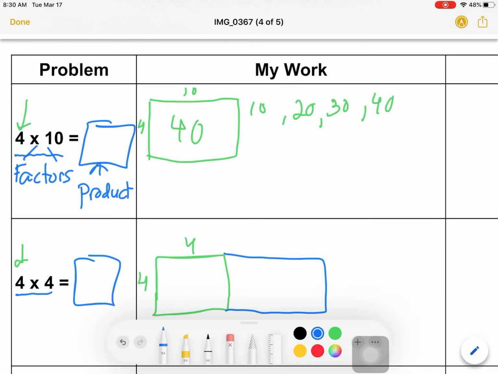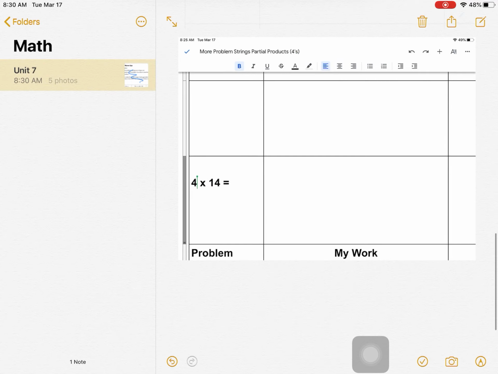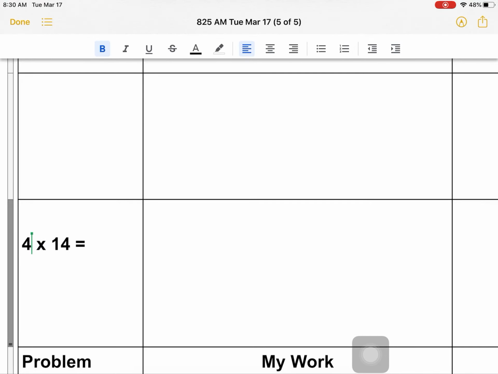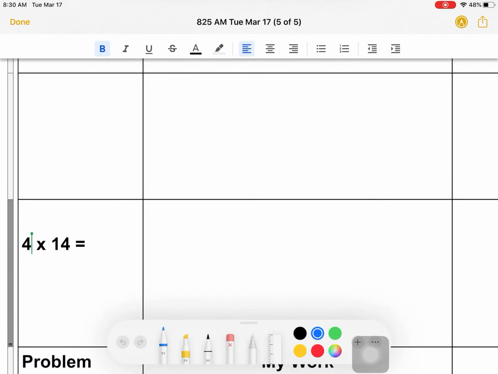Let me show you what I mean. So my next problem is a 4 times 14. When I'm thinking, I could continue counting by fours if I wanted to. I could go back to my 4, 8, 12, and so on, and continue to add. Or I could do my simple adding, and that might be fine and well, and you'll probably get the answer.